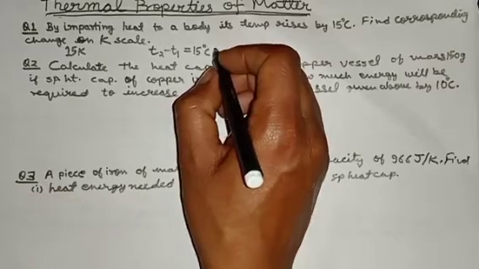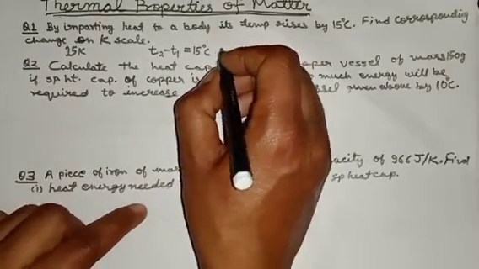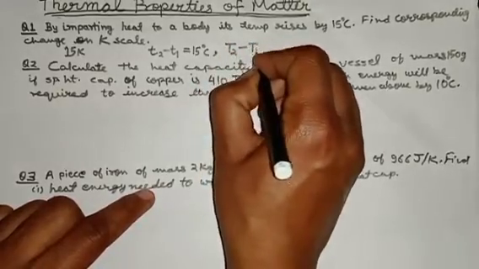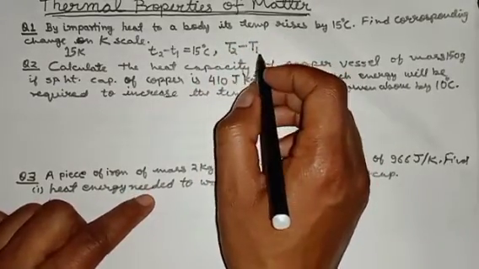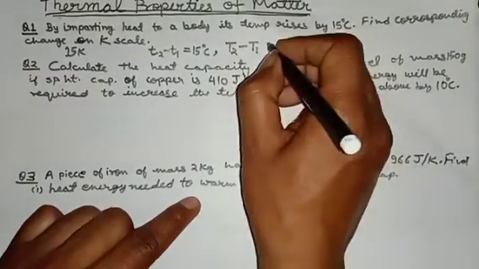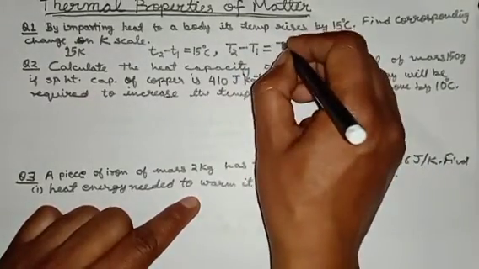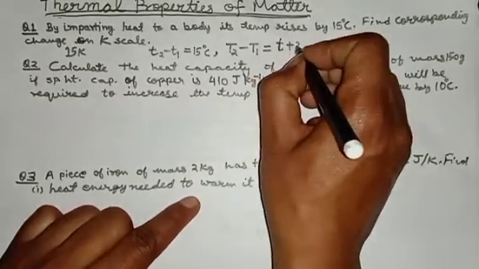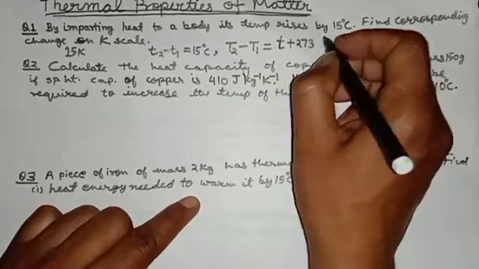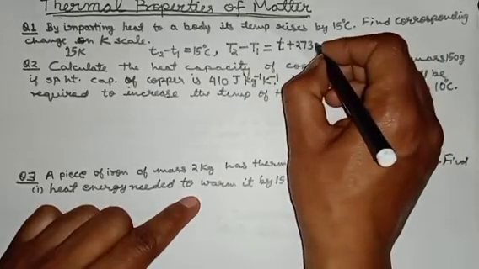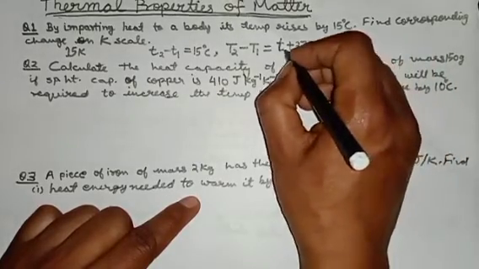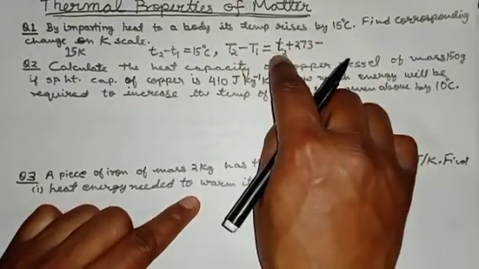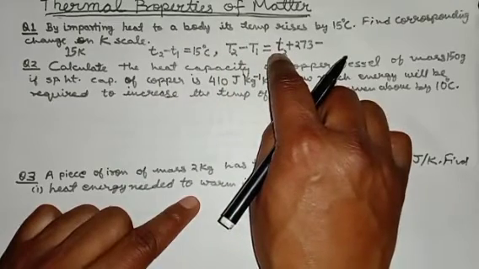If we require it in the Kelvin scale, it means capital T2 minus capital T1. For Kelvin temperature we use capital T, and we know that capital T is small t plus 273.15. I'm ignoring the decimal. This is in Kelvin, this is in Celsius.